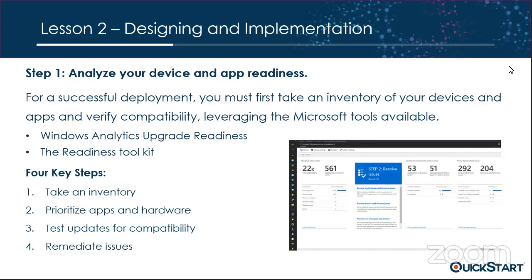So number one step is analyze your device and app readiness. For a successful deployment, you must first take an inventory of your devices, right? You need to know what is running in your environment, how many desktops and how many programs, applications.